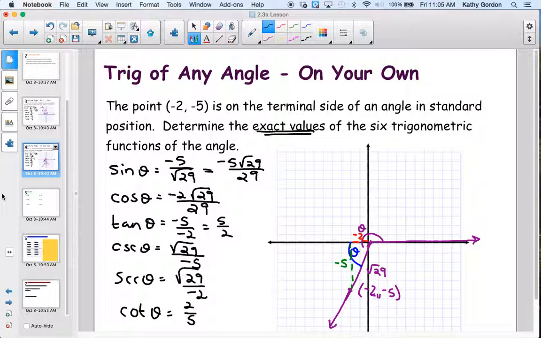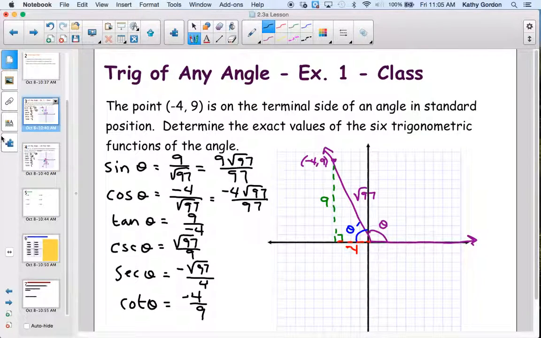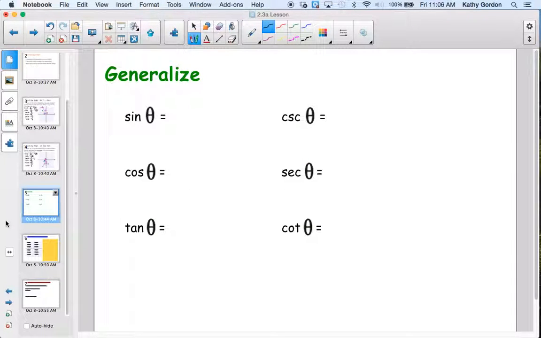The y value. Here, the opposite was the -5. -5 was the y on my point. Here, the opposite was the 9. 9 was the y from my point. So, in general, I'm going to take whatever my y coordinate is over the hypotenuse.